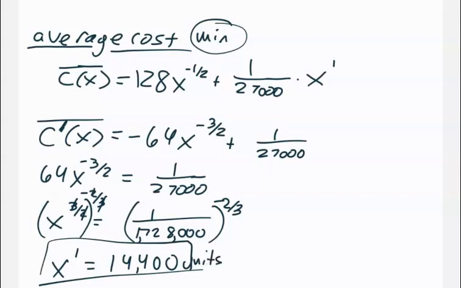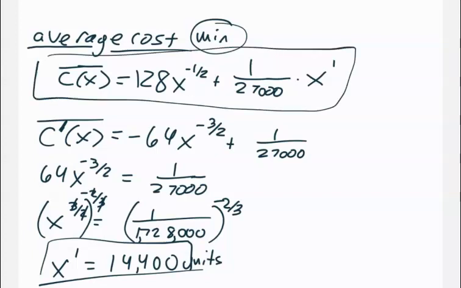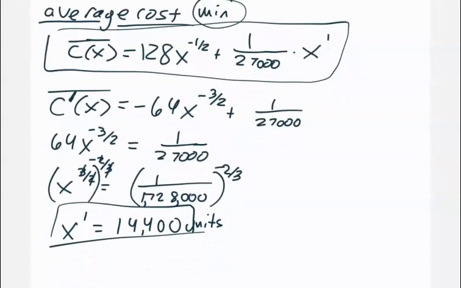And then they ask, what is the minimum average cost? Well, we have an average cost function. We know the x of that point, and we want to know the y at that point.